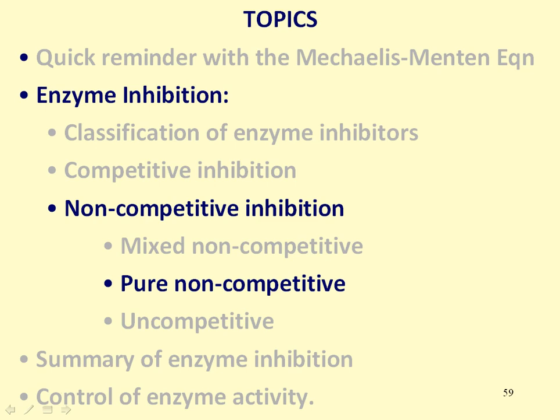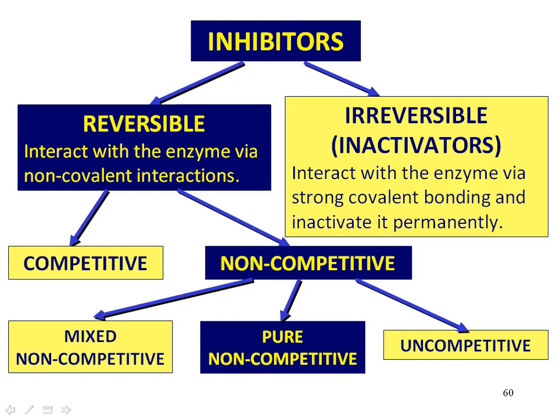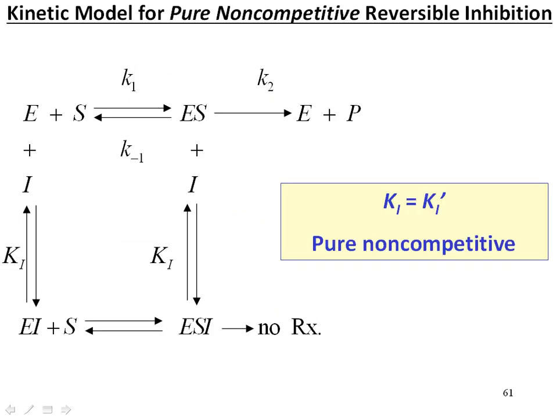So now we come to the pure non-competitive inhibition model. We discuss pure non-competitive inhibition, under reversible inhibitors. In pure non-competitive, Ki and Ki prime are equal.